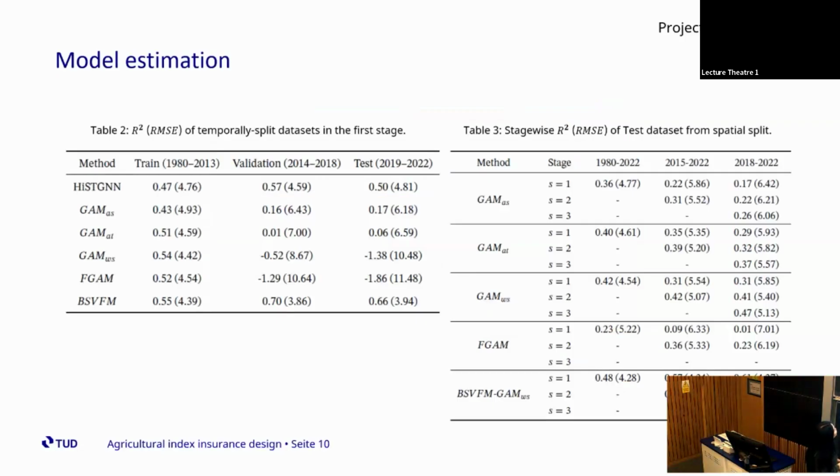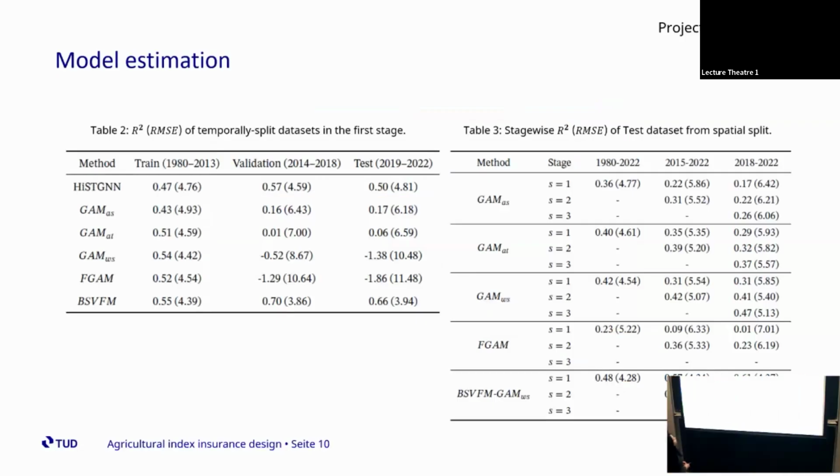So table 2, and what's the difference between these two tables? We split the data sets either temporally or spatially. Temporally is the way we usually do, right? We have a time series and split it into 3 parts: the training, validation, and testing.